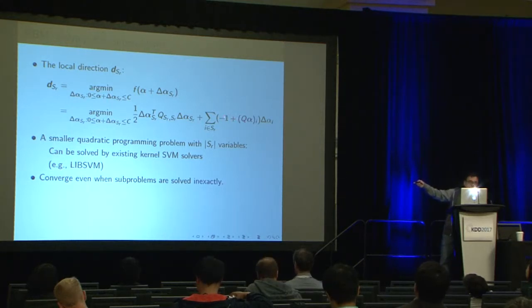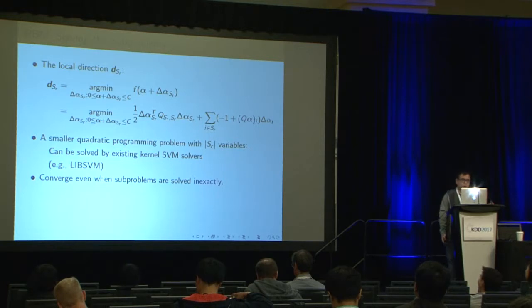The only difference between this one and the original kernel SVM problem is this linear term. Originally the linear term is -1, but now you add some information, Q alpha I, to this. So you can use any existing kernel SVM solver. For example, in our experiment, we use libSVM to solve the local problem.